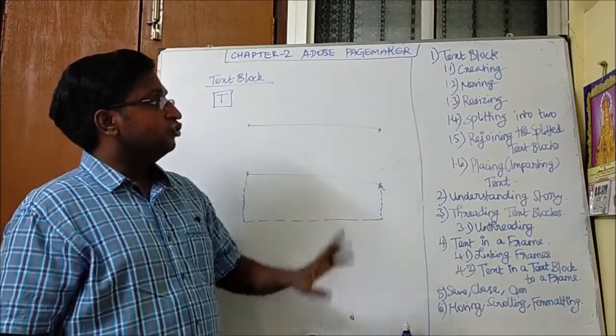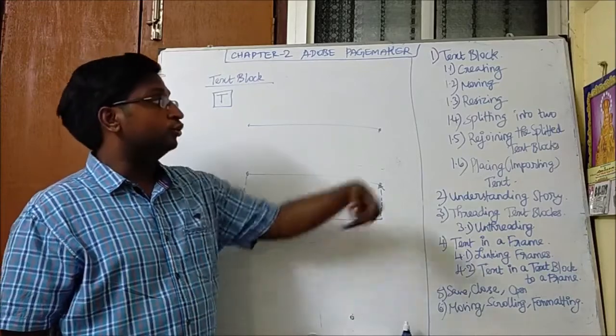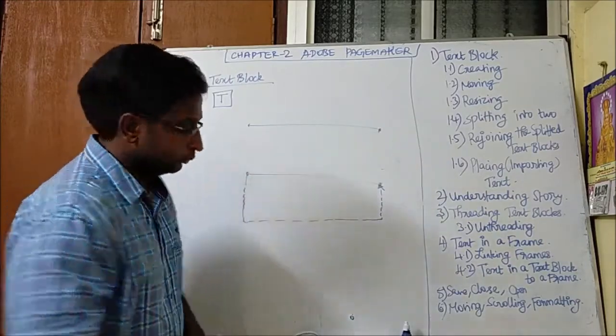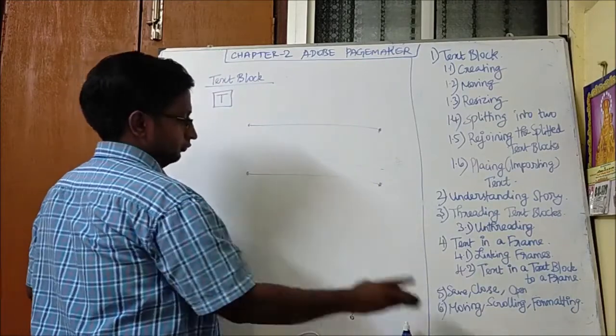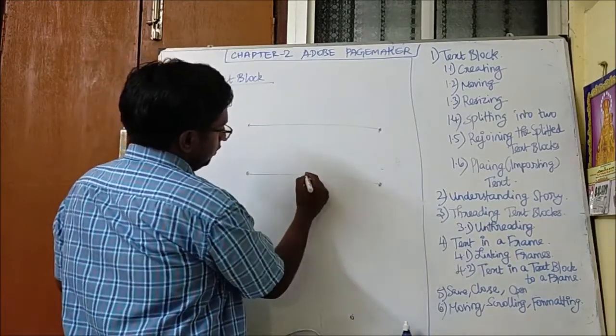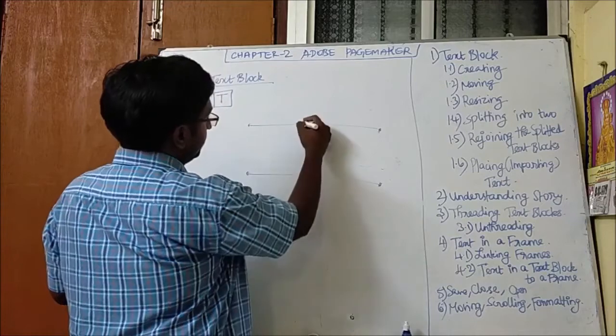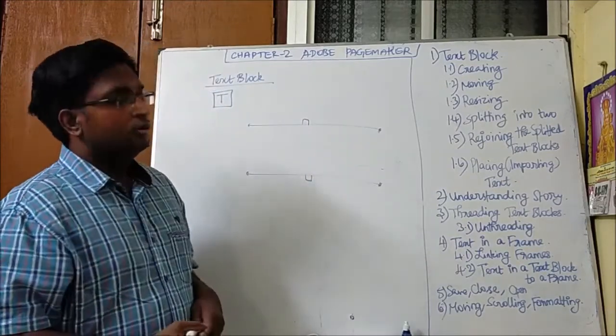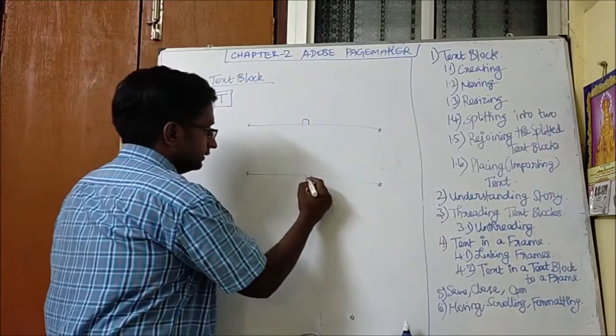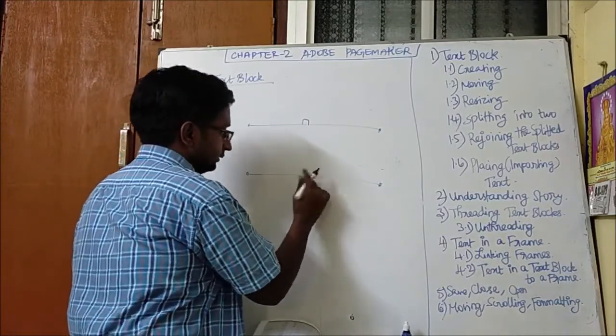The next one is splitting the text block into two. You will be having a cap shape here. You have to click this.